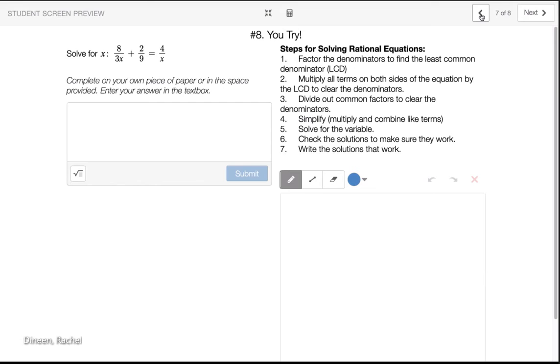Factor the denominators, find the LCD, multiply all terms on both sides, and so on. In about a minute, let's make sure that we have the correct LCD. If we don't have the correct LCD, it's going to make everything a whole lot more difficult. So take 1 minute until 2:05, 2:06. Come up with your LCD, and then I'll confirm it.